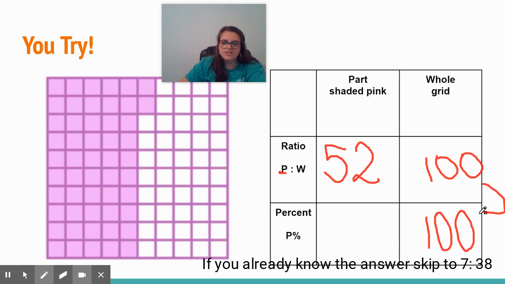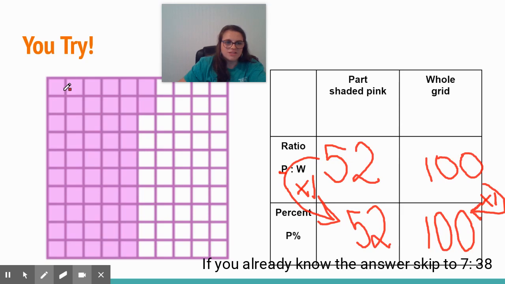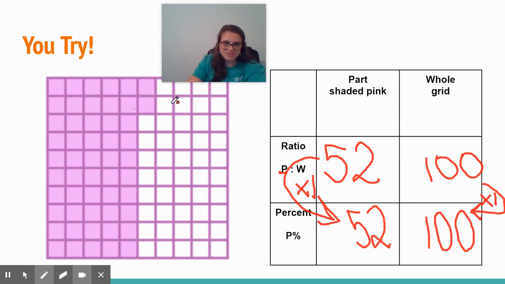To go from 100 in a ratio to 100 in a percent, you just times 1. So you also do that to the other side, and 52 times 1 gives me 52. So the answer for what is our percentage of shaded pink squares is 52%.